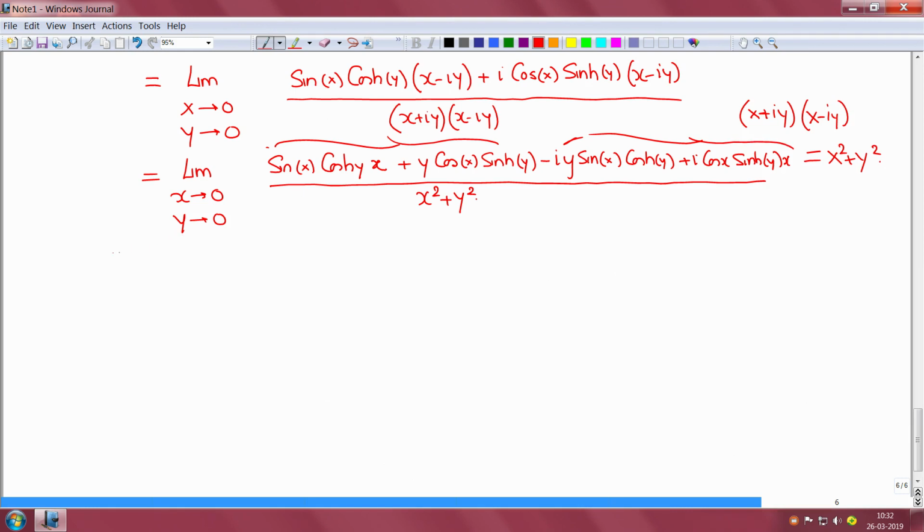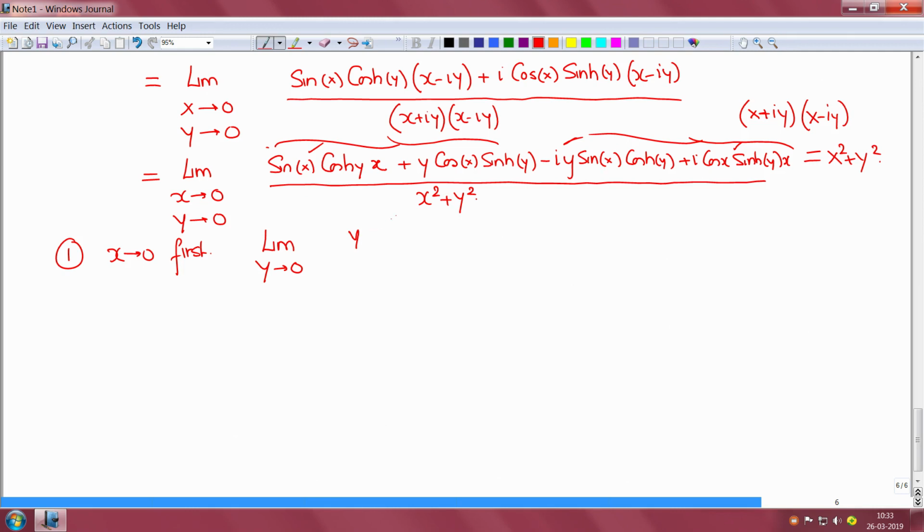Now here again we will take x going to 0 first. So x will be sent to 0 directly. So we will call this 1. Okay. Then we have limit y tending to 0. If x is 0, this is 0. If x is 0, this is also 0.